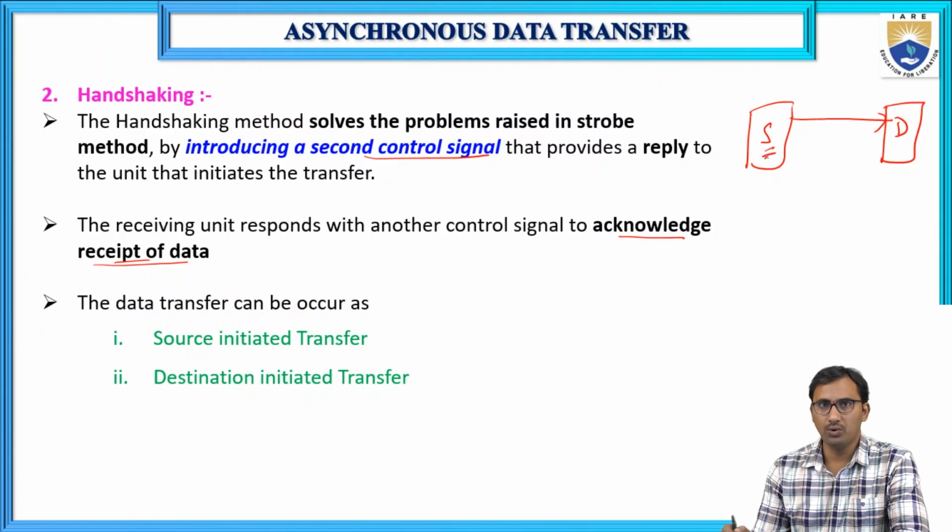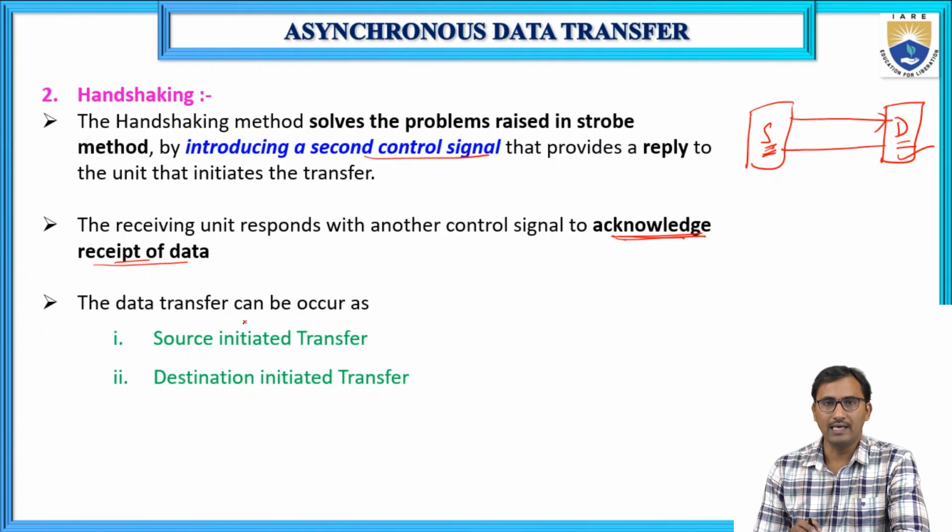Here the source unit doesn't know whether the destination unit has received the transmitted data or not. Similarly, the destination unit doesn't know whether the source unit placed the data in the data bus or not. In order to overcome that, we introduce one control signal, that is acknowledgement.